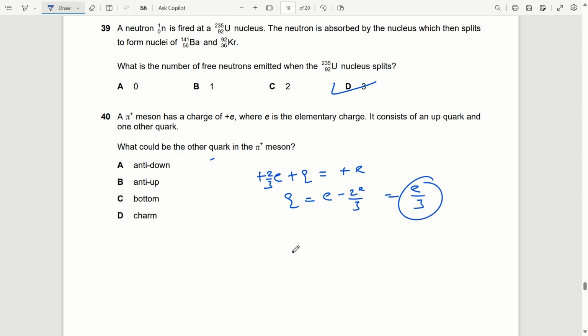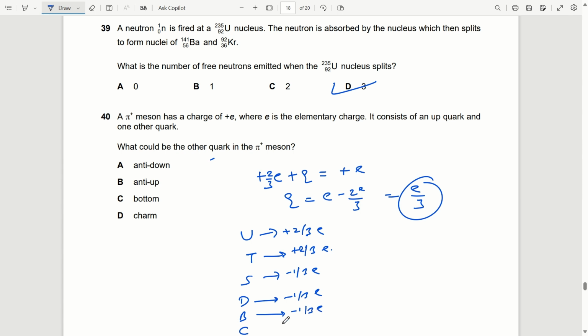Now we know the values of charge for all: up, top, strange, down, bottom and charm. For up it is plus 2 by 3E. For top it is plus 2 by 3E. For strange minus 1 by 3E. For down minus 1 by 3E. For bottom minus 1 by 3, and for charm plus 2 by 3.